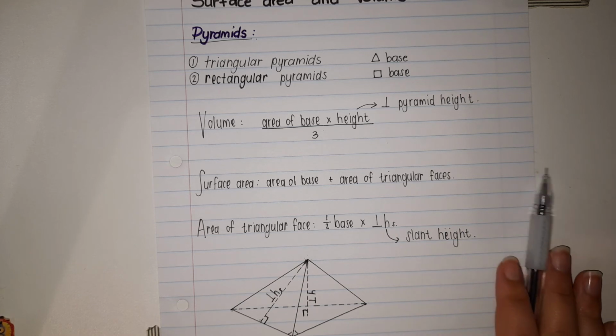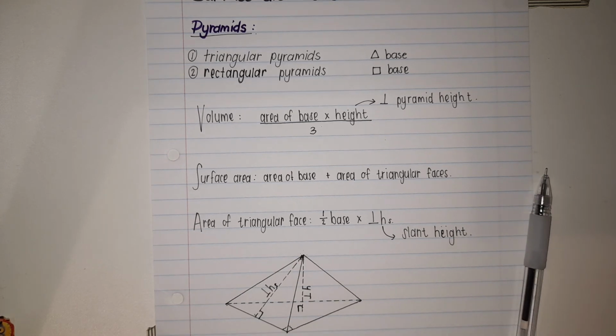With the previous ones we did, our cylinder and our cube, they love adding pyramids or hemispheres or spheres on top of those shapes and then asking you what is the volume or what is the surface area.